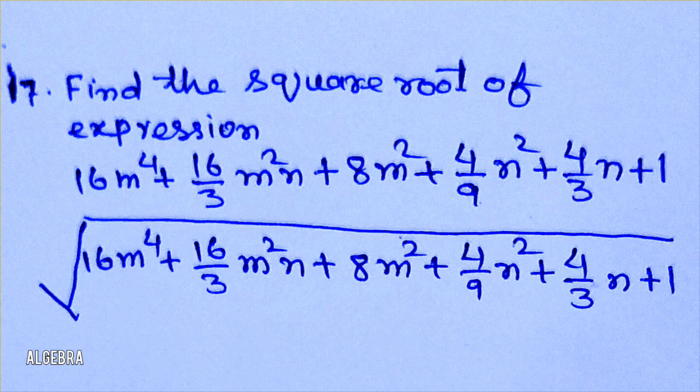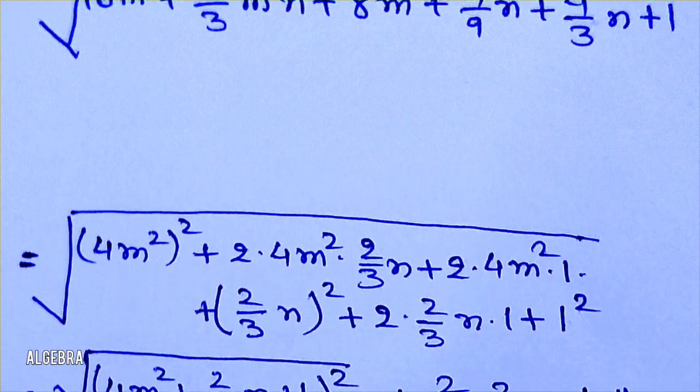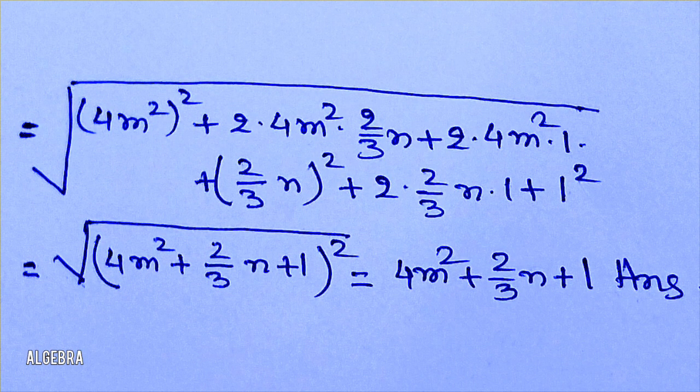Square root of this is equal to the square root of (4m^2)^2 + 2 into 4m^2 into 2/3 n + 2 into 4m^2 into 1 + (2/3 n)^2 + 2 into 2/3 n into 1 + 1^2, which is equal to the square root of (4m^2 + 2/3 n + 1)^2, which is equal to 4m^2 + 2/3 n + 1.